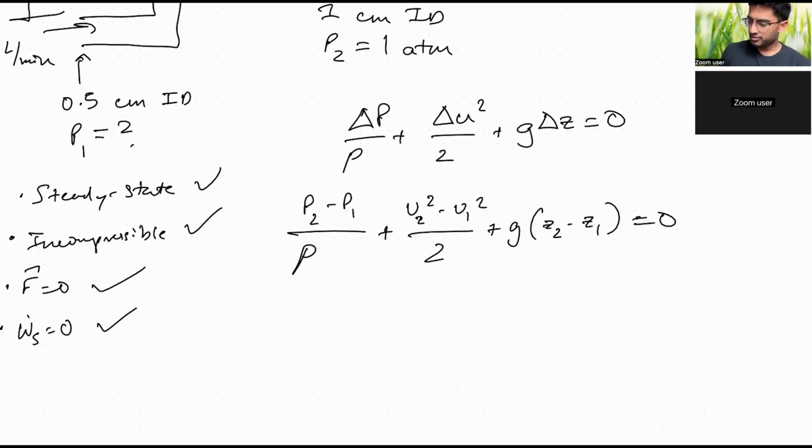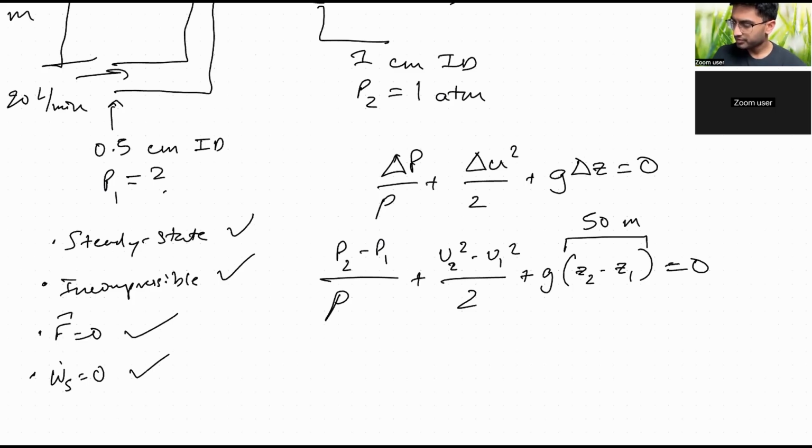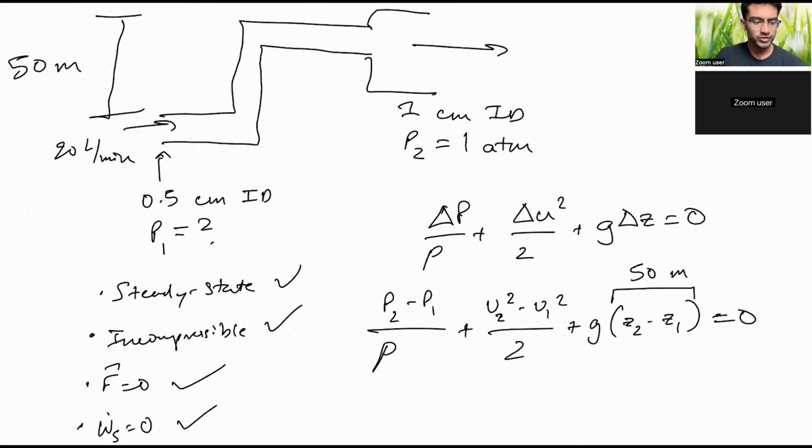So let's actually figure out what each one of these values are and where we can substitute in. So we know that Z2 minus Z1 is 50 meters, and we'll keep everything in meters since that's a very, very convenient unit for us. Okay, so that's 50 meters.